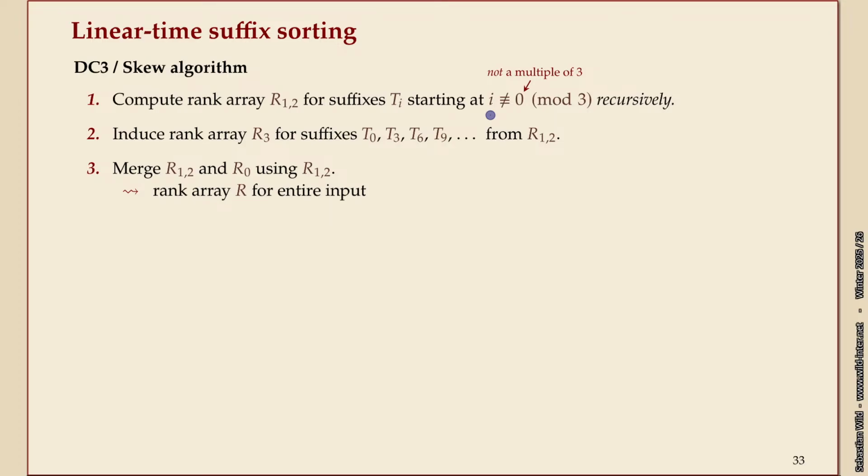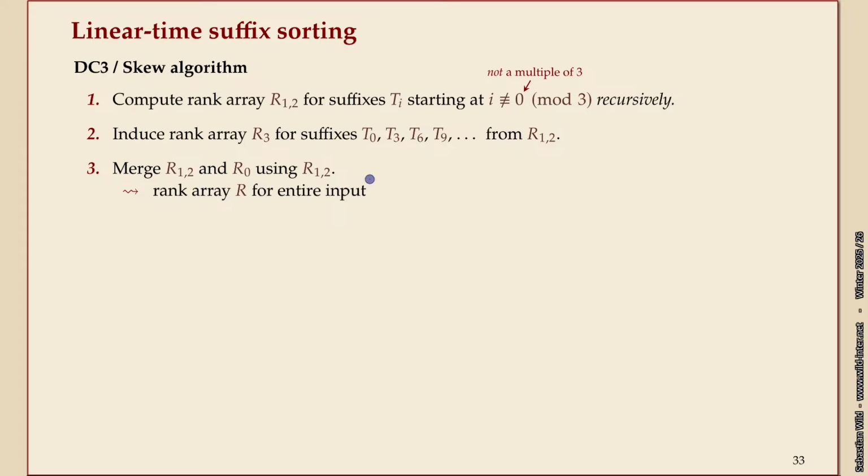So for 2/3 of the input, you compute recursively what the solution should be. Then you use what you've computed to infer the sorted order for the other third, or the rank array to be specific. And finally, you merge those two to get the sorted order for the overall list of suffixes.